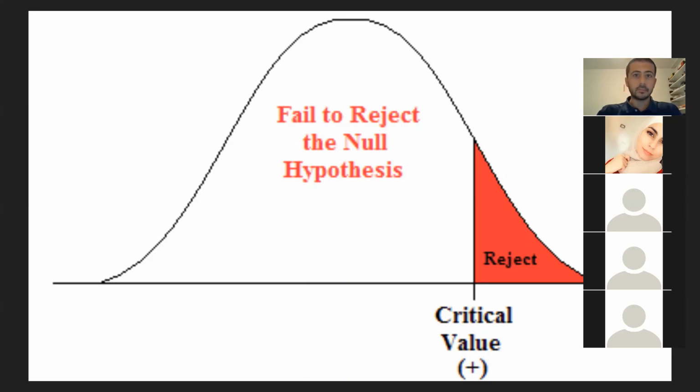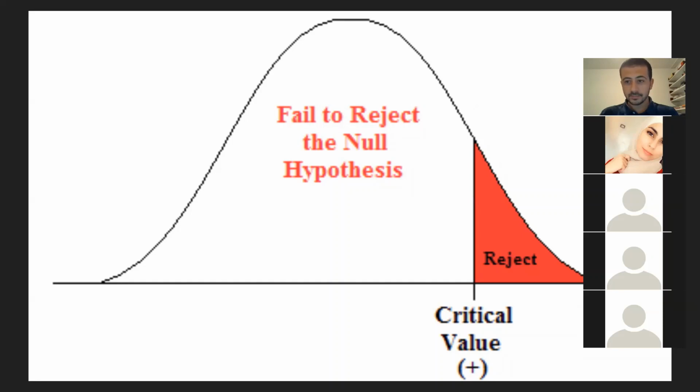So I will reject my null hypothesis and I will say that you are not one of them and I will marry you. If I fail to reject, then you are one of them, and I can't marry everybody. So yeah, you are rejected. Is that clear to everybody?